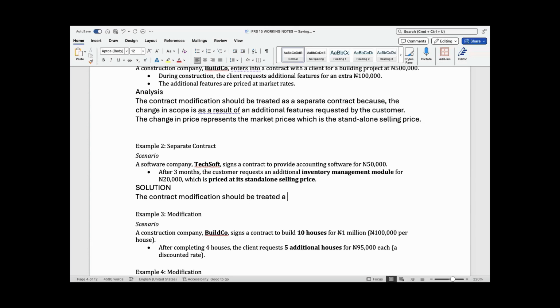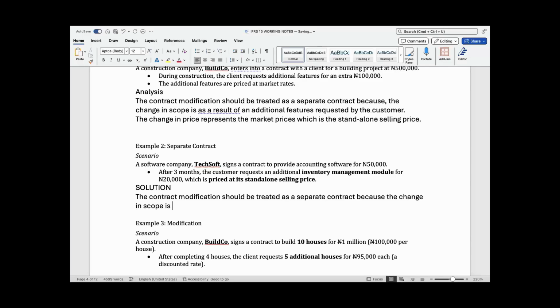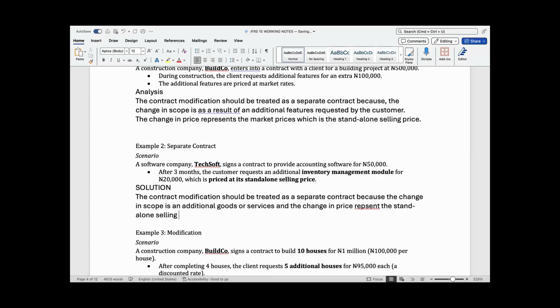should be treated as a separate contract because the change in scope is an additional goods or services, and the change in price represents the standalone selling prices.